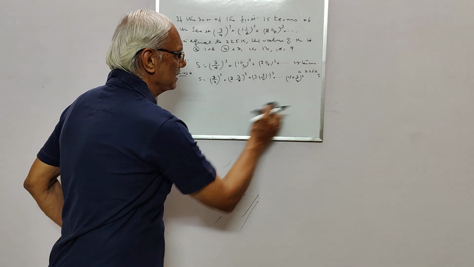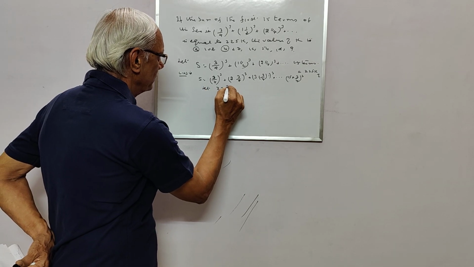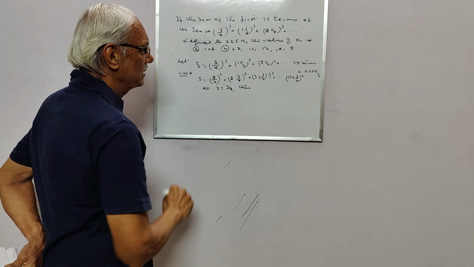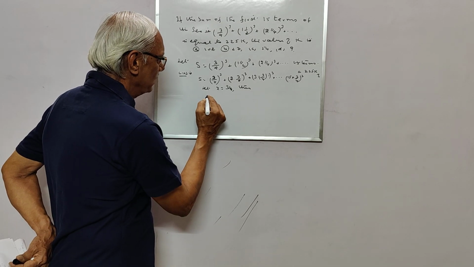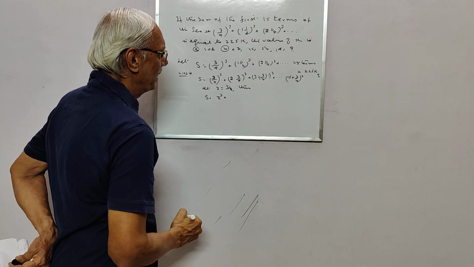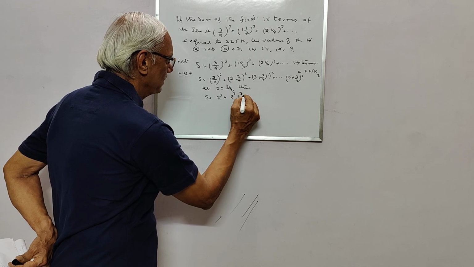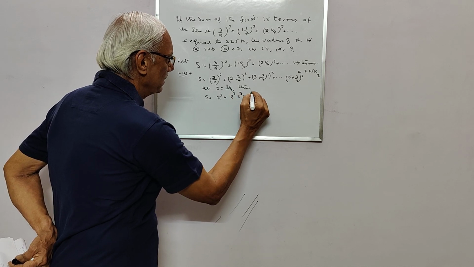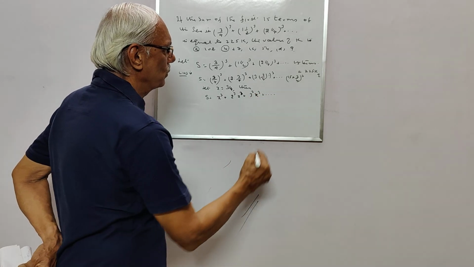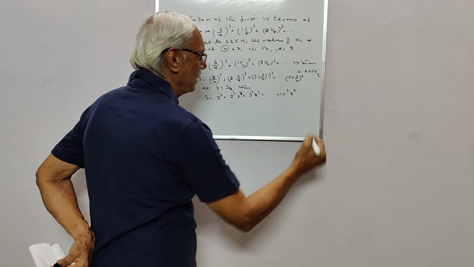Now I'll put it like this. You take this 3/4 as x, then what is it that you will get here? S is equal to x cubed plus 2 cubed x cubed plus 3 cubed x cubed plus dot dot dot, up to plus 15 cubed x cubed.